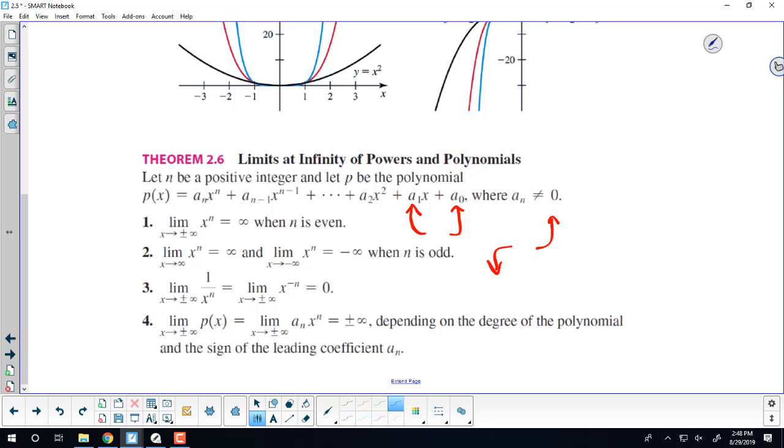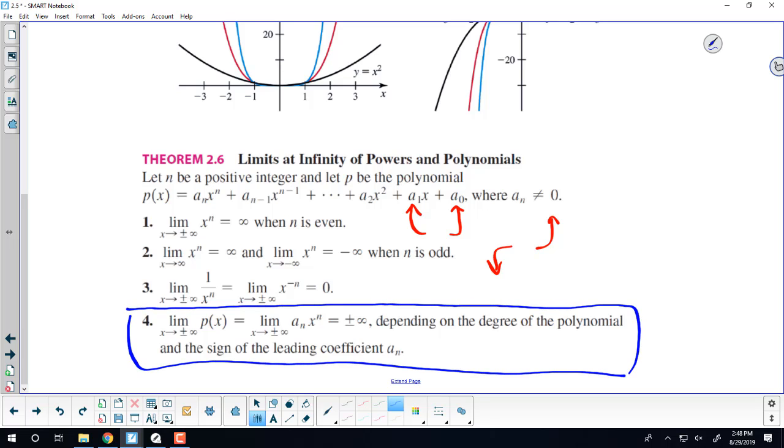But the proof of that is really what's giving you the leading term test. So this thing right here is your leading term test. It's just putting a very specific notation to what the leading term test actually is. That's it.